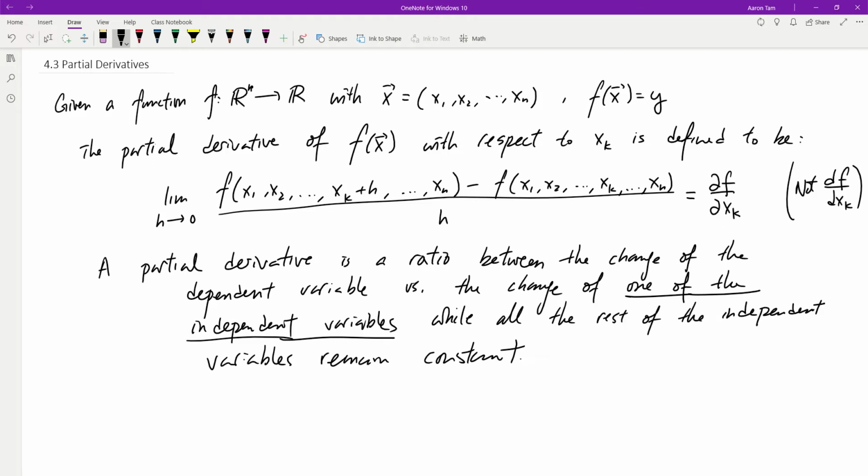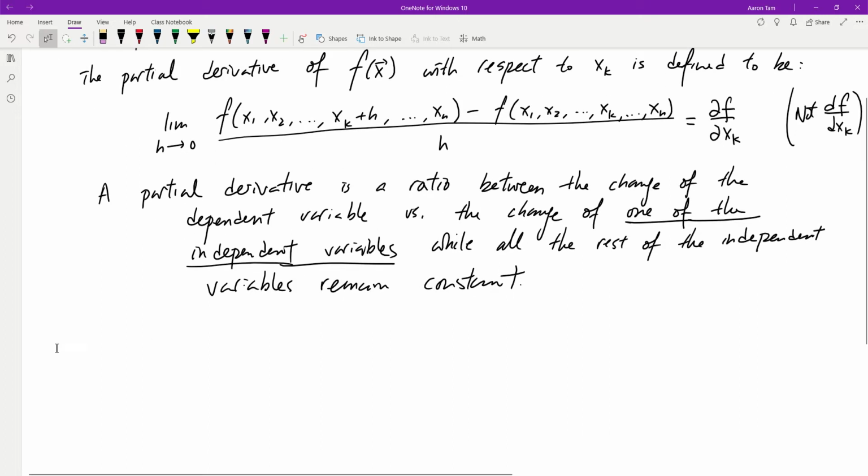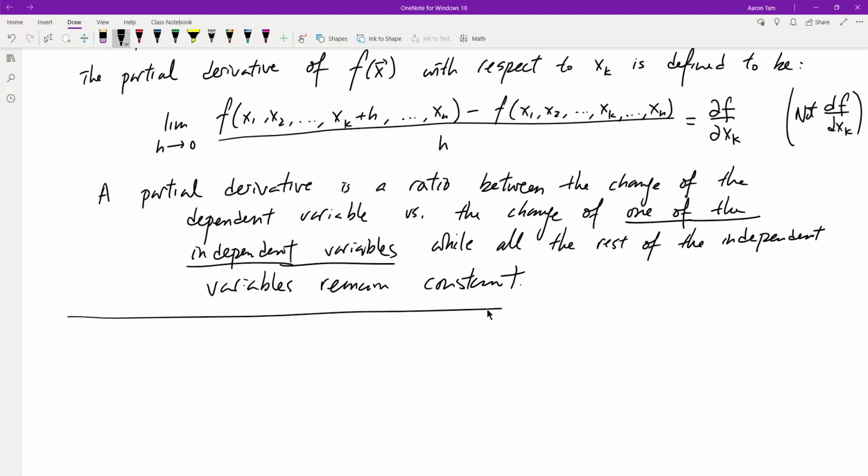Now, before we actually get to how to do it, let me give you some simple examples to illustrate and show you how the notation works first. Example: suppose we have a function f that maps from R2 to R. Of course I have to ask this question: what does this function f represent graphically?